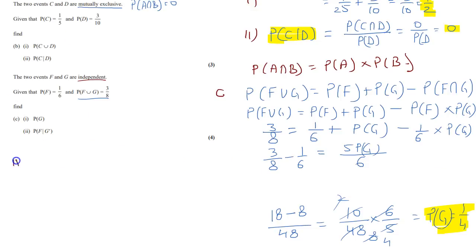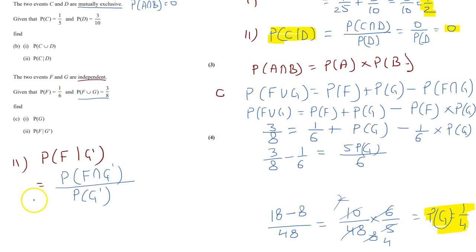Now the second part says find P(F given G complement). So we are going to use the same formula, that is P(F intersection G complement) divided by probability of G complement.